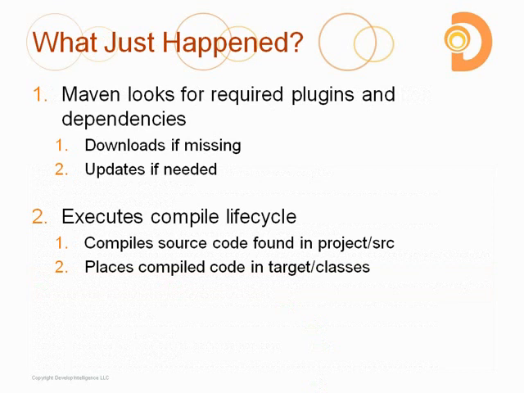So once I execute that lifecycle command, again, same type of deal happens. If plugins are missing, Maven will download them. If dependencies are missing, Maven will download them. Then it executes the compile plugin, executes a goal with the compile plugin. As expected, classes are going to go in the classes directory, source is going to stay in the source directory, and so on and so forth.